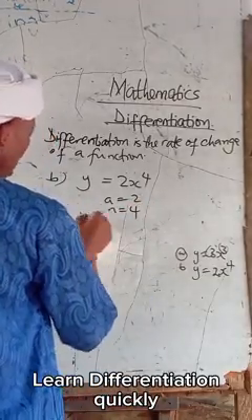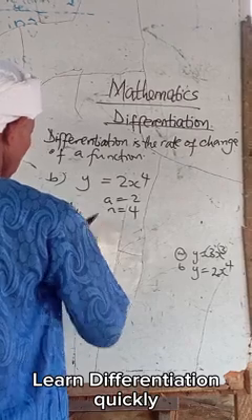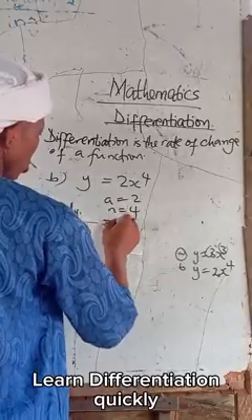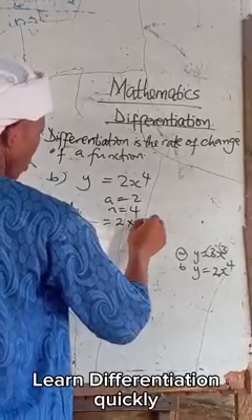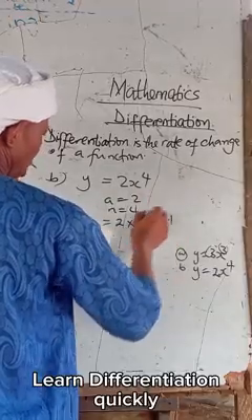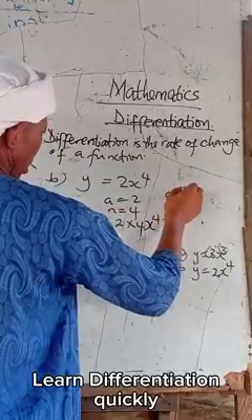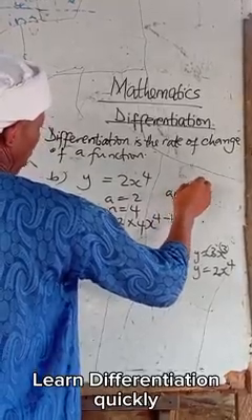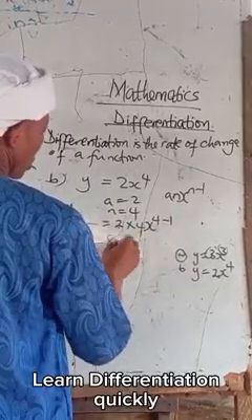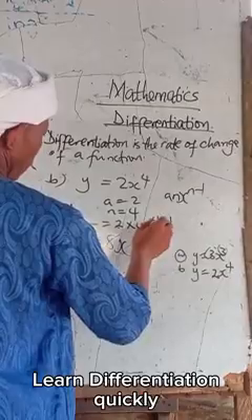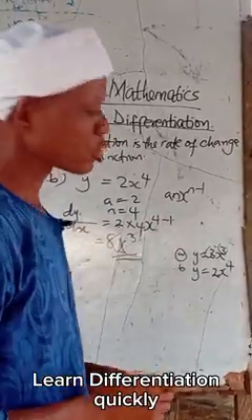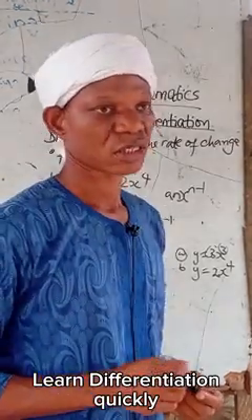Now here dy over dx will be 2 multiplied by 4 x raised to the power 4 minus 1. Remember our general rule, which is a n x raised to the power n minus 1. So 2 times 4, which will be 8x, 4 minus 1, 3. That is 8x cubed. So this gives us the answer.